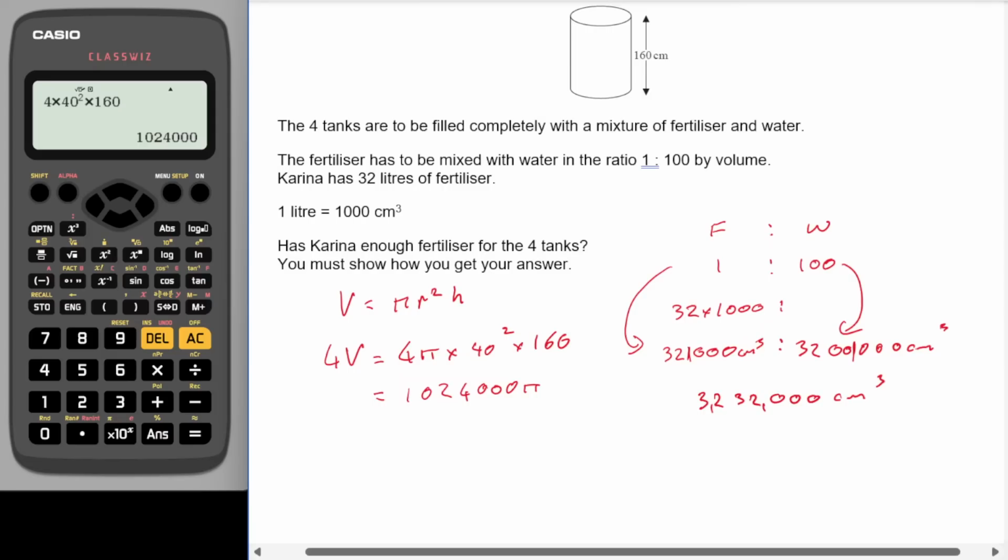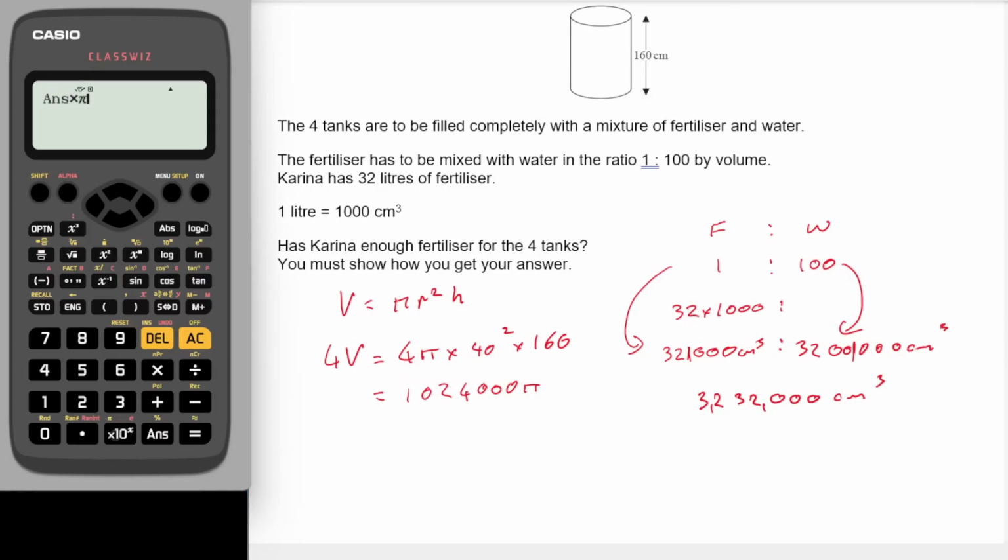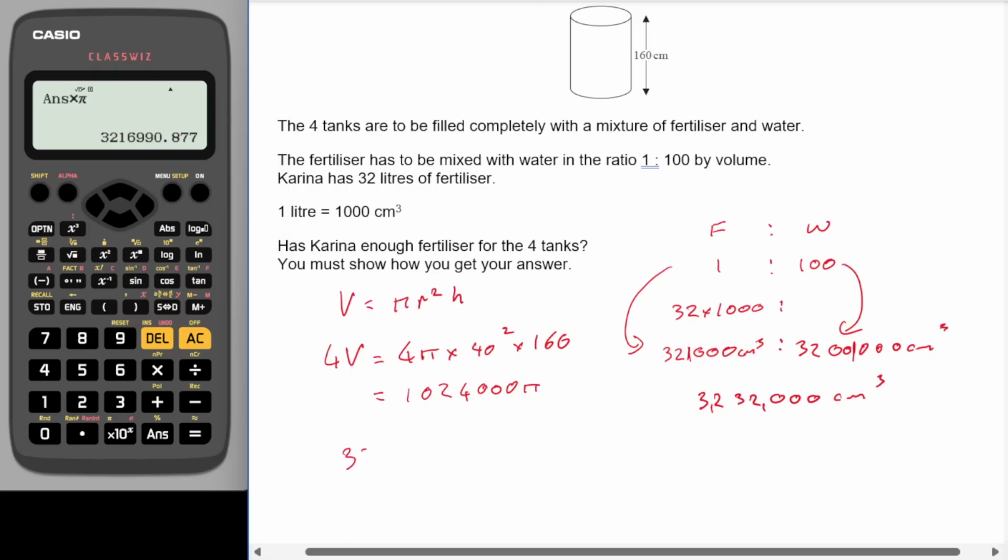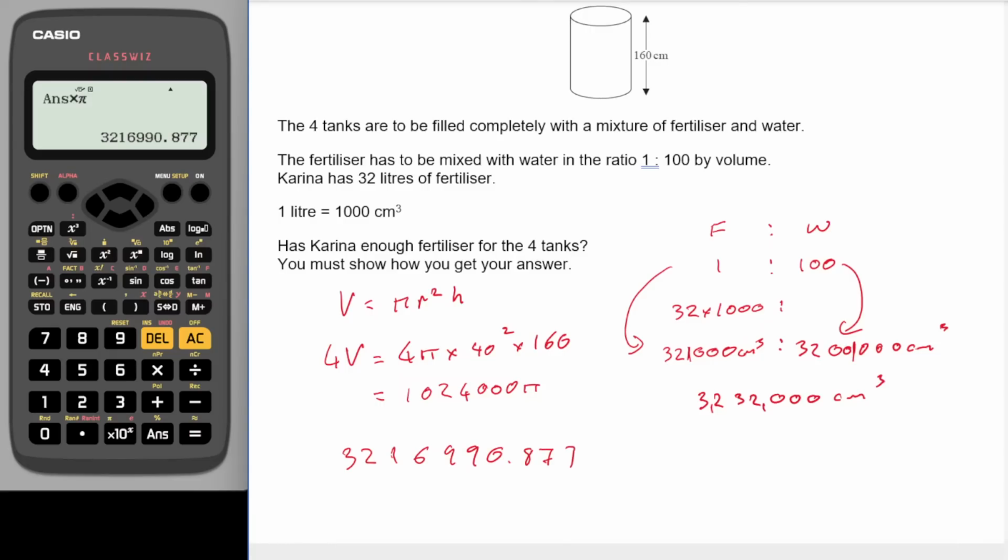So let's just work this out then. If we times that by pi, she needs 3,216,990.877 centimeters cubed, and she has more.